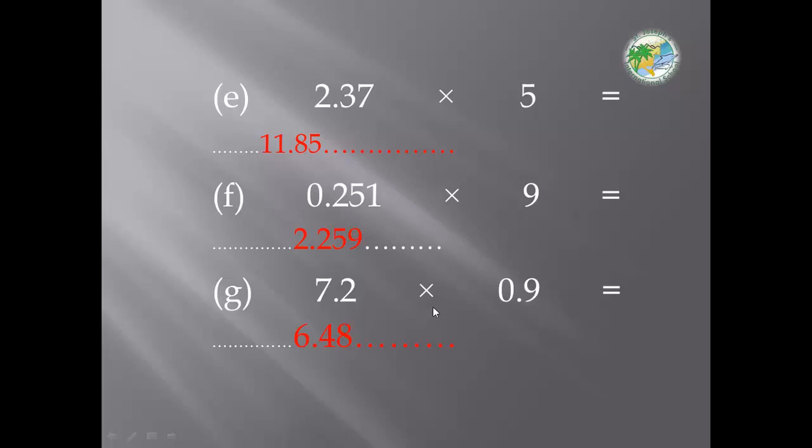Where do we put the decimal point? After 2 digits. Why? Because here we have the decimal point after 1 digit and here also after 1 digit. So 1 and 1 makes 2 digits.